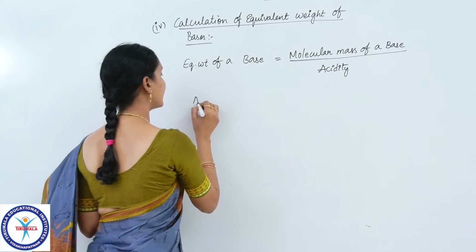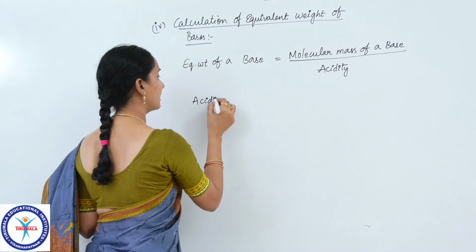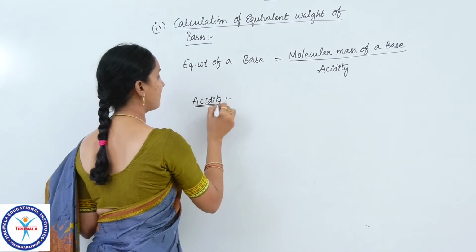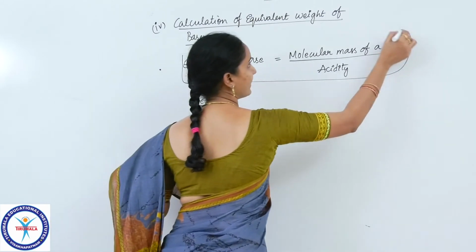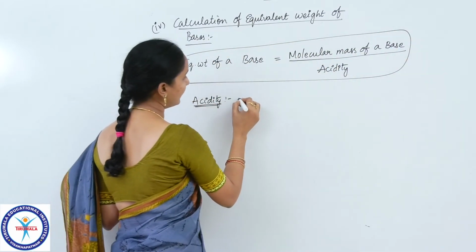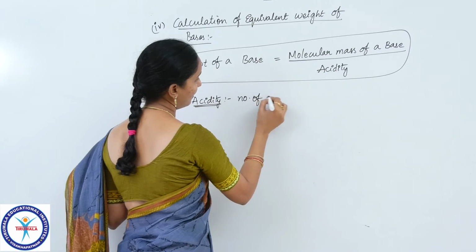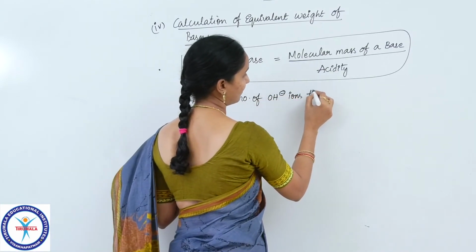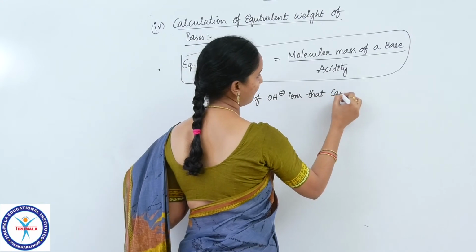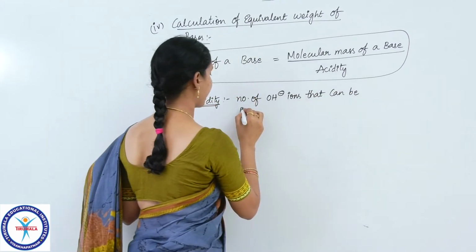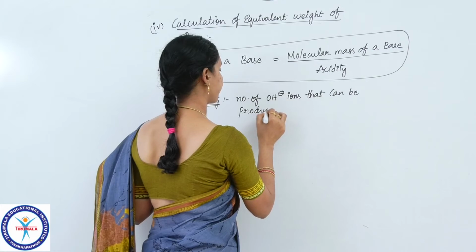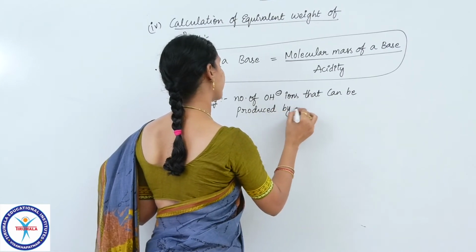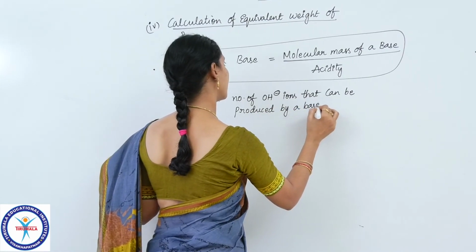So what is this acidity? Like for acids we have basicity, for bases we have acidity. What is acidity? Number of OH minus ions that can be produced by a base.